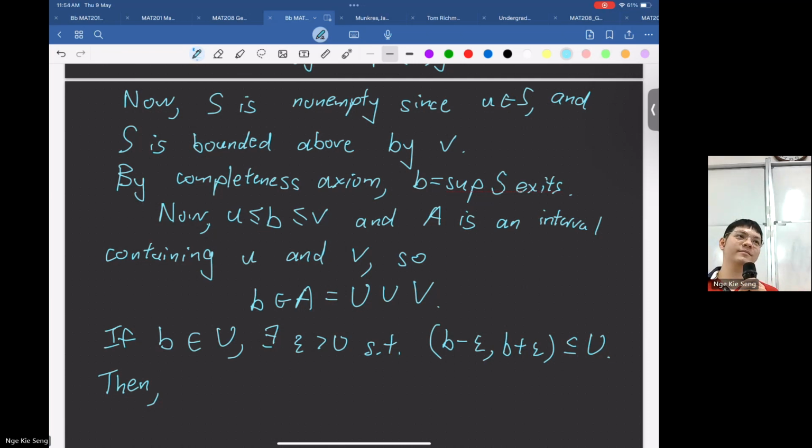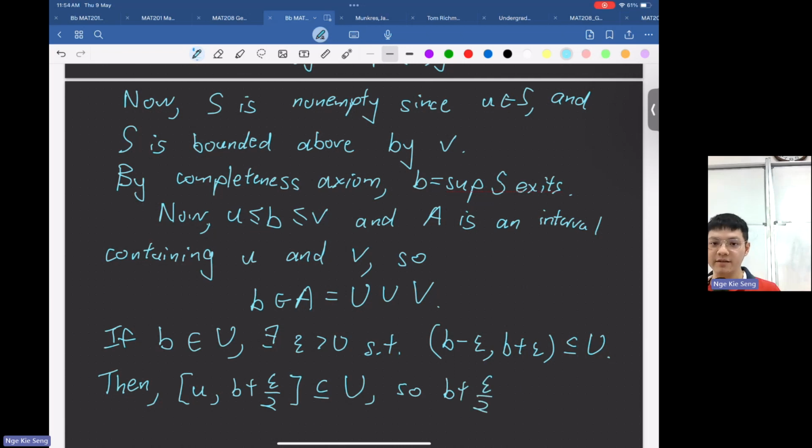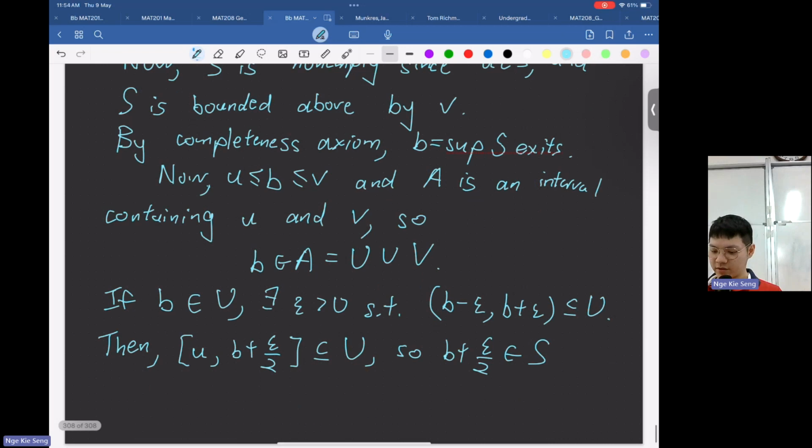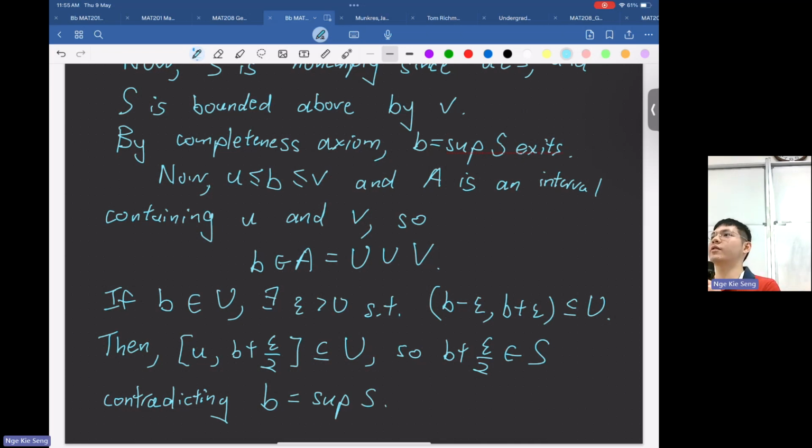Yes, you can consider the interval from u all the way up to b plus epsilon over 2. This interval should live in U, meaning b plus epsilon over 2 is in X. But b plus epsilon over 2 is something greater than b, contradicting b being sup X. So b cannot live in U.